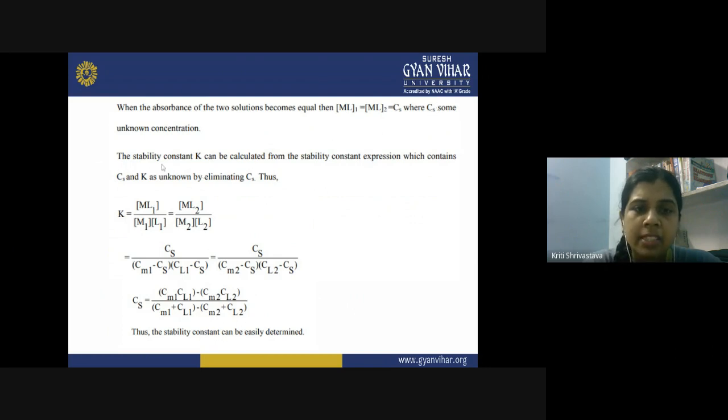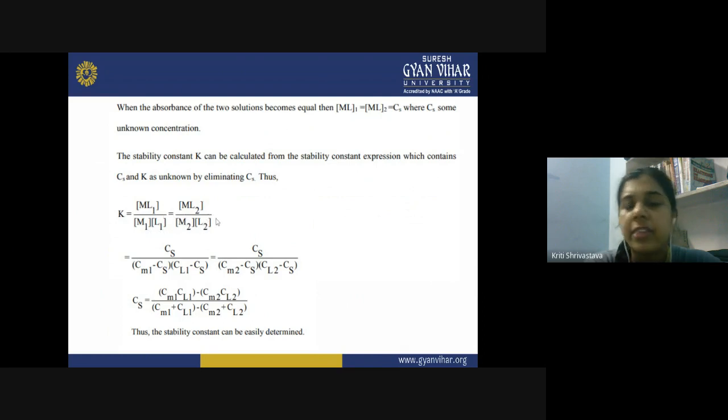Now the stability constant K can be calculated from the stability constant expression, and this expression will contain the Cs and K values. So how can you write the stability constant expression? K is equal to Ml1 upon M1 L1, is equal to Ml2 upon M2 L2.